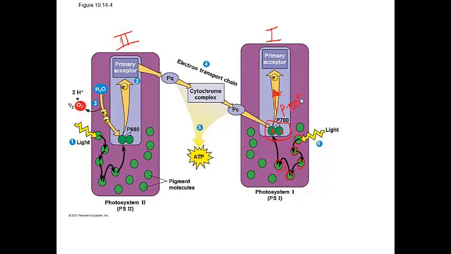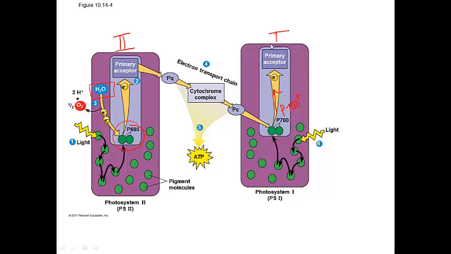But instead of water replacing the electrons, P700 is going to have electron replacement from those electrons that were falling down the electron transport chain from photosystem 2. So when photosystem 2's reaction center gets oxidized, it will have the replacement electrons coming from water.